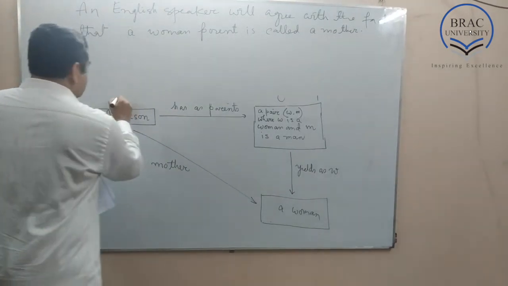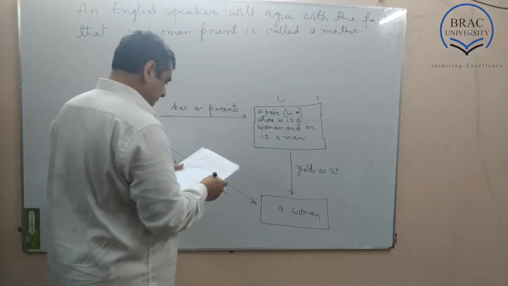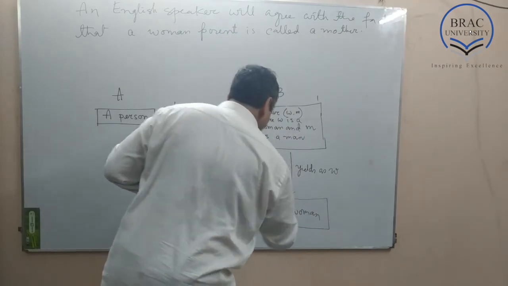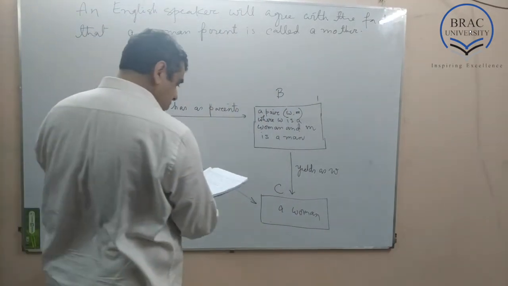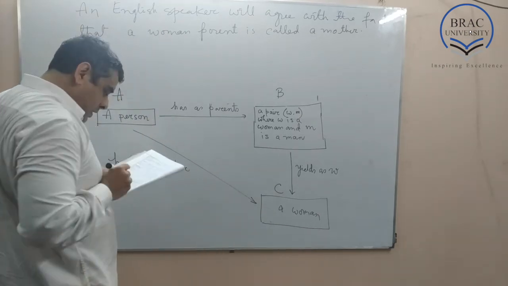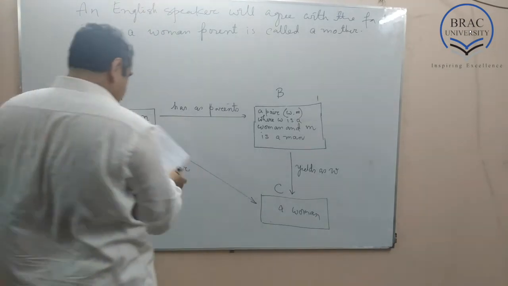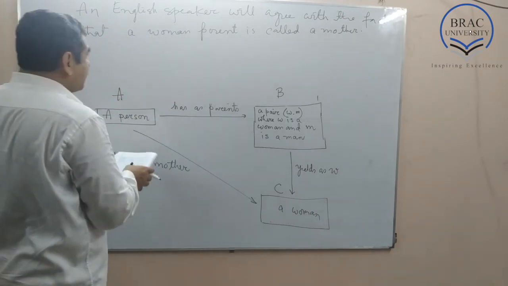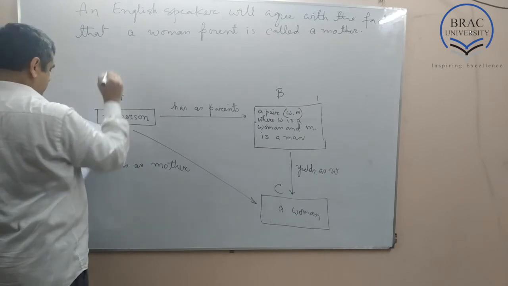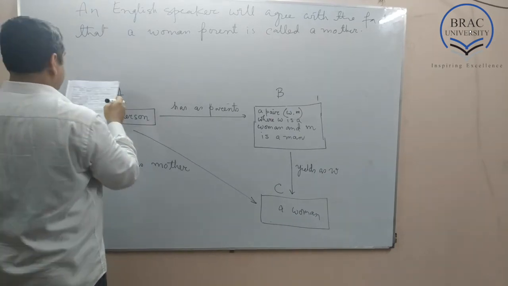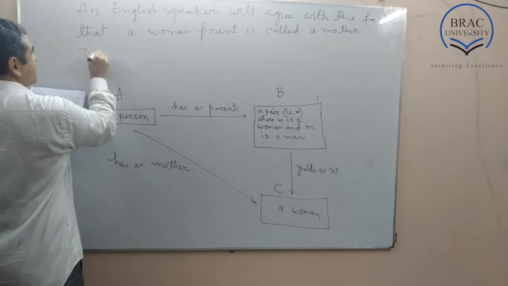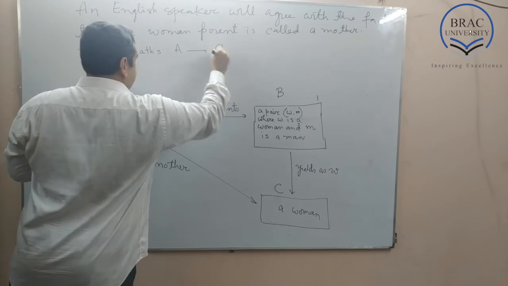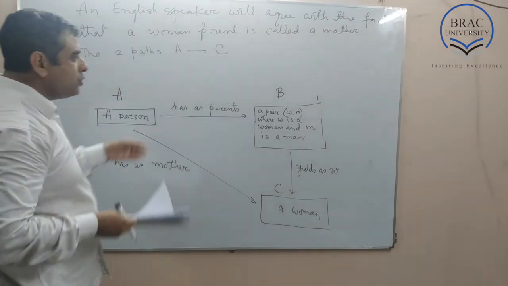Alright, so if this is A, this is B, and this is C, then the two paths from A to C should be equivalent.